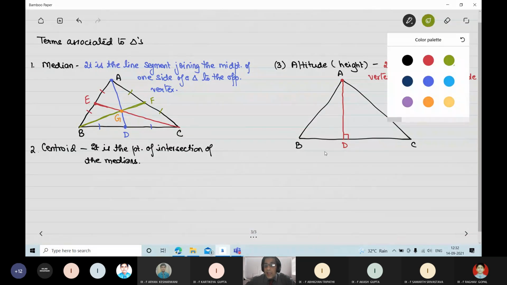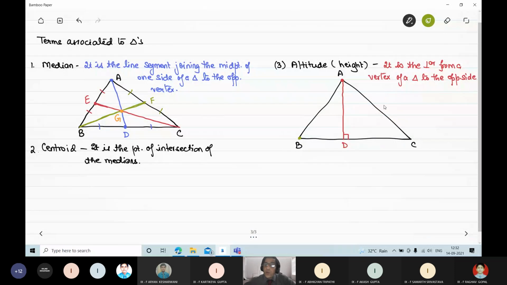In a triangle, there will be three altitudes that you can draw. We have drawn one from the vertex A. You can draw the other from vertex B. Let's say this is E. So BE is the altitude. Now when BE is the height, I've drawn it on the side AC, so AC will be the base.